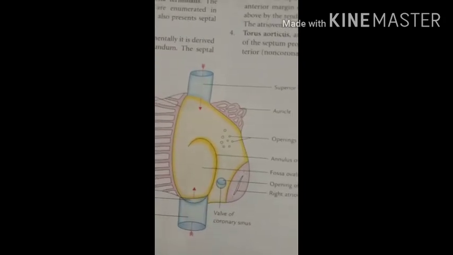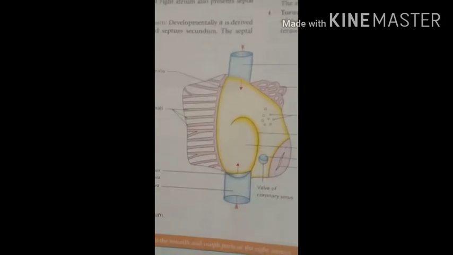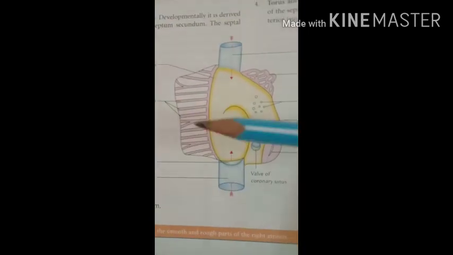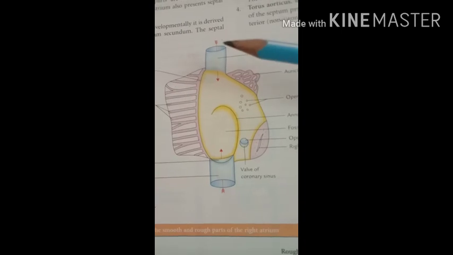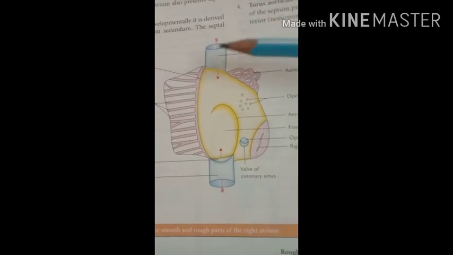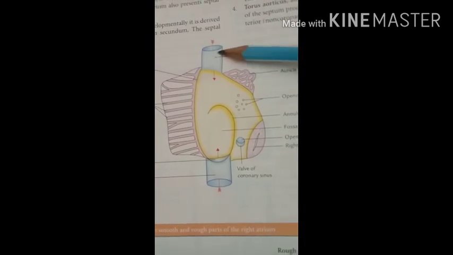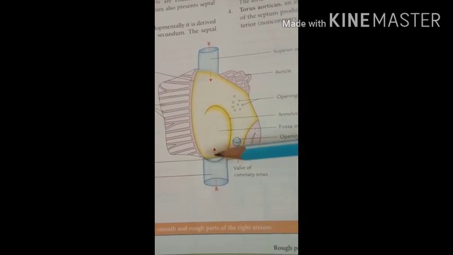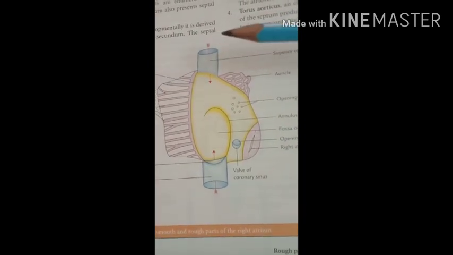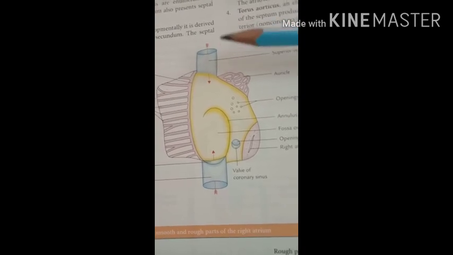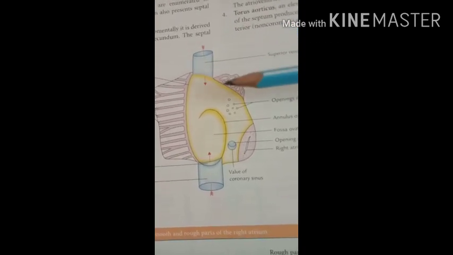Then we should see the external features of the right atrium. The right atrium is elongated vertically and receives the superior vena cava at the upper side and the inferior vena cava at the lower side. The upper end of the right atrium is prolonged to form the right auricle.